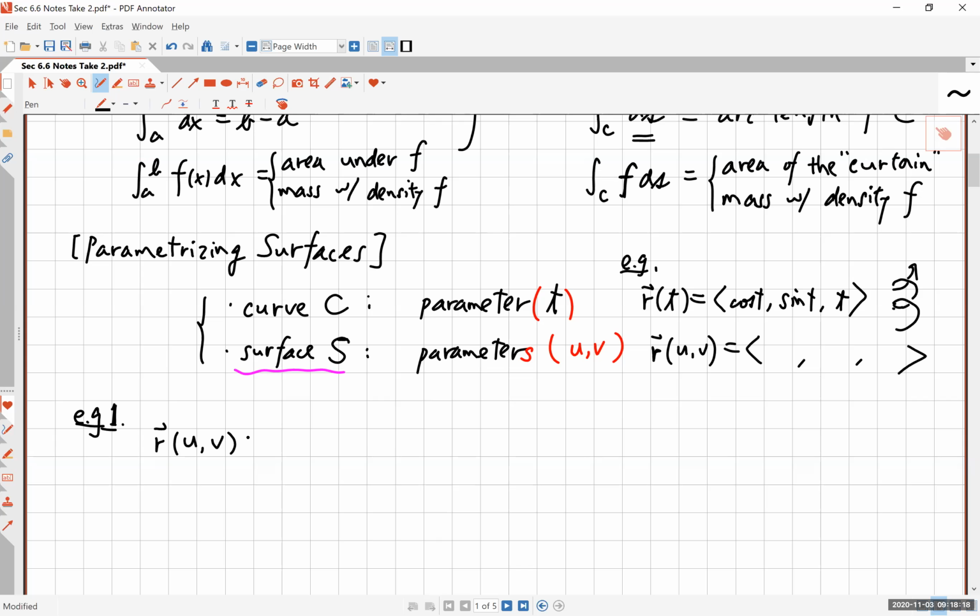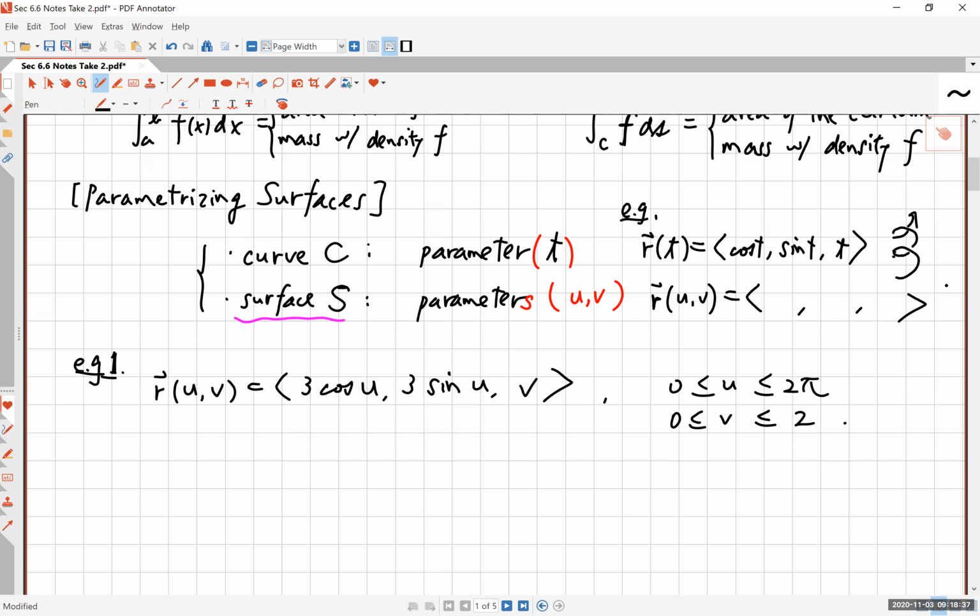All right, let's go with the first one. R of UV is equal to 3 cosine U, 3 sine U, V. Let's say U goes from 0 to 2 pi, and V goes from 0 to 2. I want you to stare at this for a little bit.